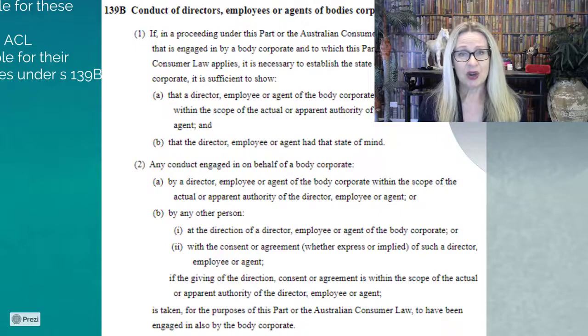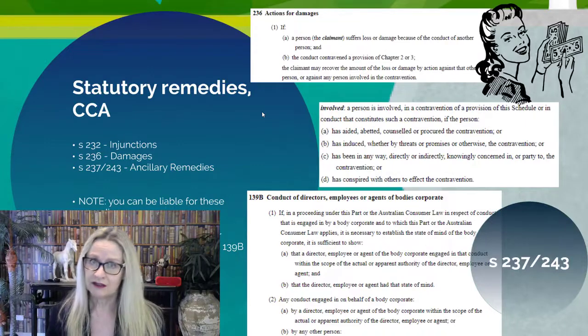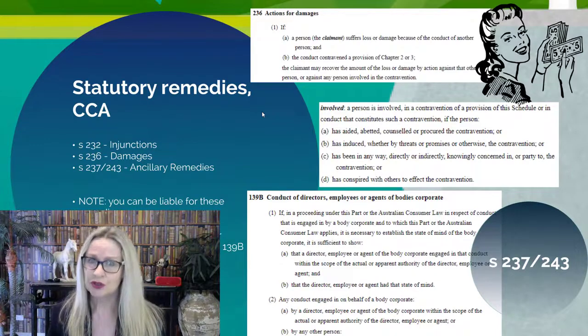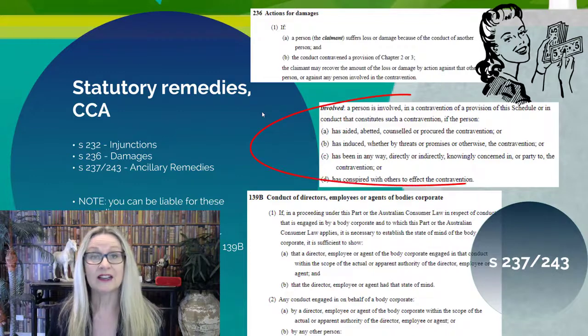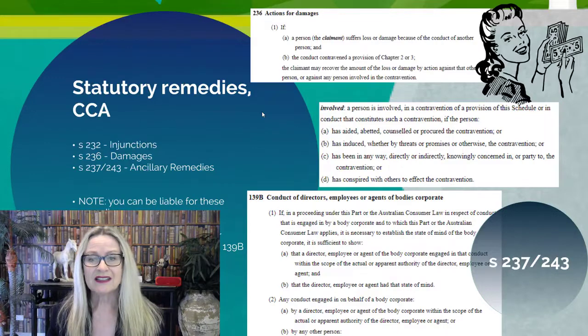And that's how you shoot home naughtiness to a company that might have deeper pockets and is therefore worth suing, perhaps a more attractive target than the average individual natural person, director, employee, agent, and so forth. Then it doesn't mean the director or employee or agent, servant, whoever, will get off scot-free. Then you will join them to the action as an accessory, okay, because they were involved. So that's how you determine who is responsible for what in terms of damages.